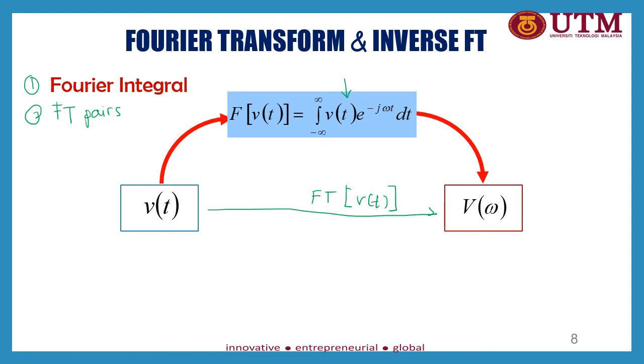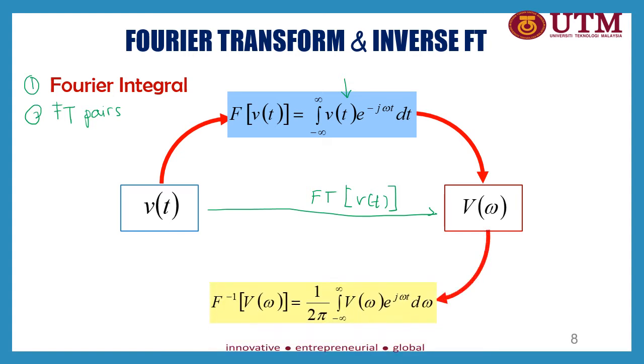And then in order to get back the signal in time domain, when you have the signal in frequency domain, you need to do the inverse Fourier transform by again integrating V(omega), and then finally you will get v(t), the signal in time domain.